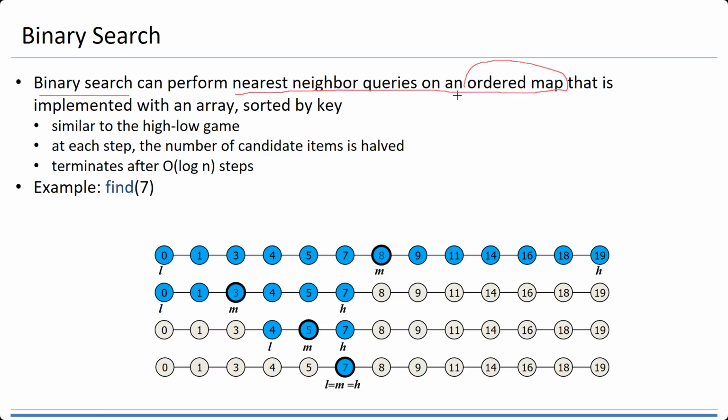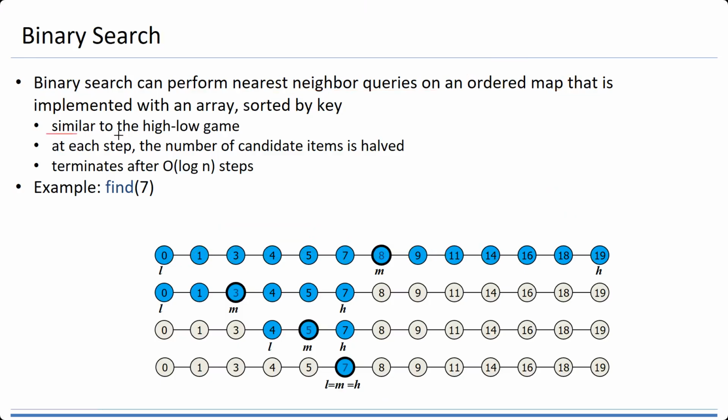Order map means once you have the keys, you sort them the first time. So this key is already sorted. If you already sorted the keys, then you can do the same as what we already learned in binary search.